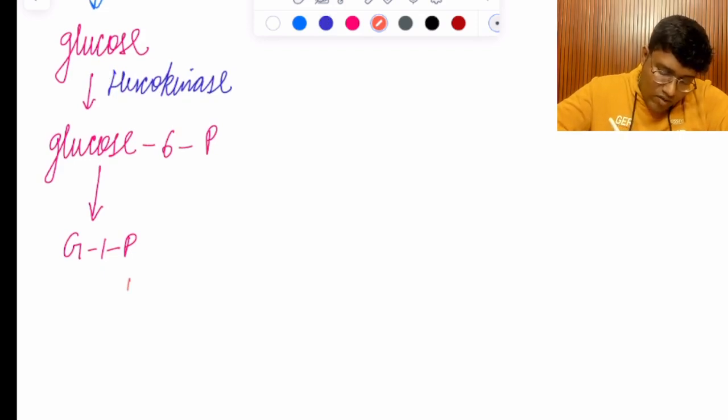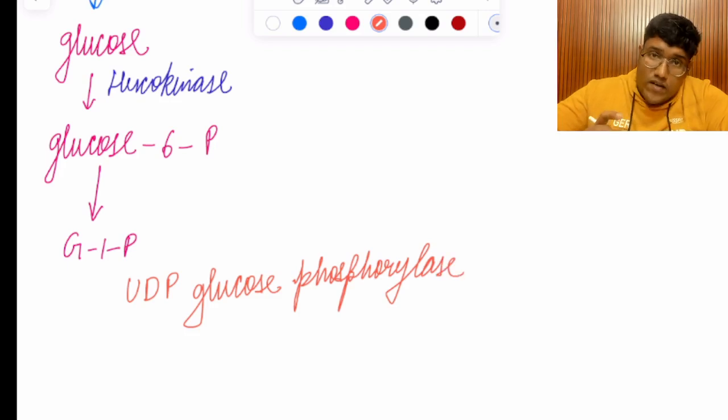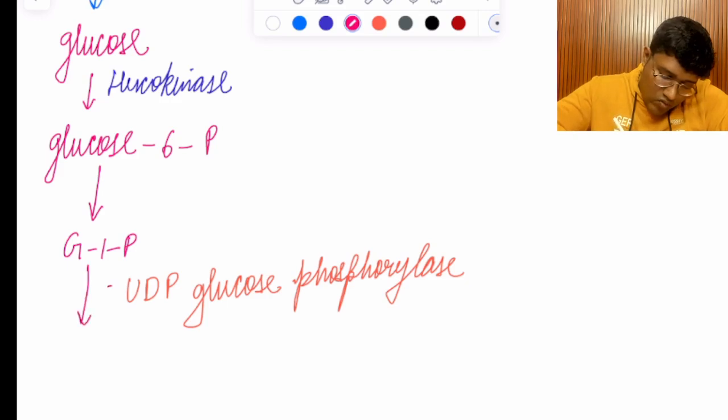Now the things are a little interesting. You have something called UDP glucose phosphorylase. This UDP glucose phosphorylase, followed by a glycogen synthase, makes glycogen. It's as simple as that. So what does this UDP glucose phosphorylase do?